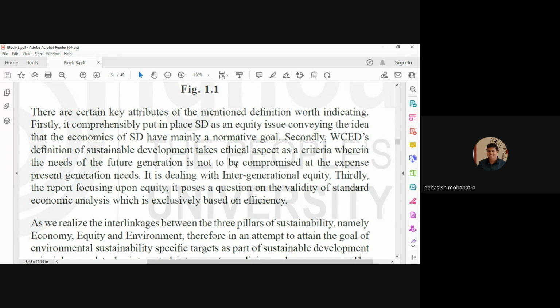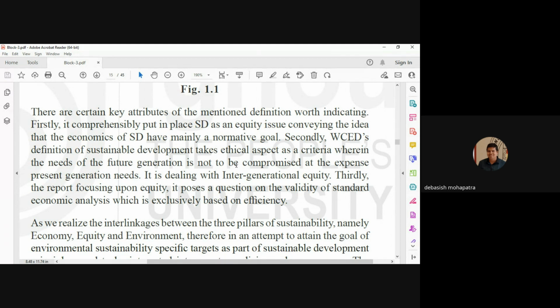There are certain key attributes of the mentioned definition which are worth indicating. Firstly, it comprehensively places sustainable development as an equity issue, conveying the idea that the economics of sustainable development is mainly a normative goal.